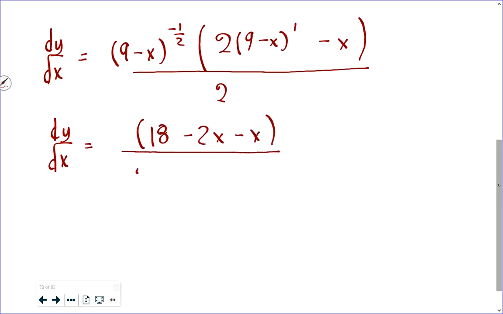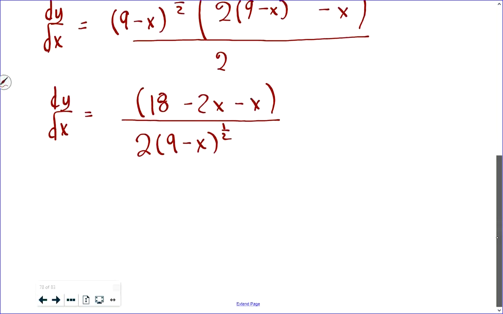On the bottom I have 2 times 9 minus x to the half. So I've expanded that interior part by multiplying that 2 through. The 2 times the 9 is 18, and the 2 times the negative x is negative 2x. Just a little bit further to go with this.